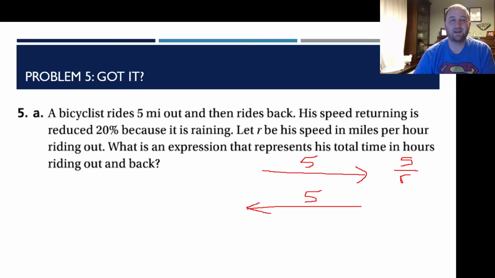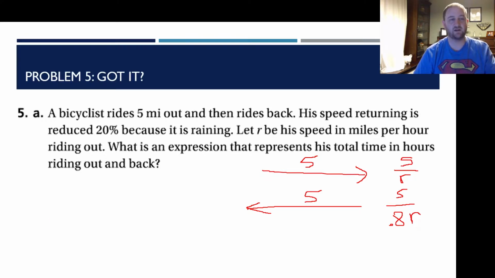And then back, he's going 20% slower. What can we use to represent that? We don't do 0.2R. That's only 20% of R. What we want is 100 minus 20, or 0.8R. So we're going to do 5 over 0.8R.